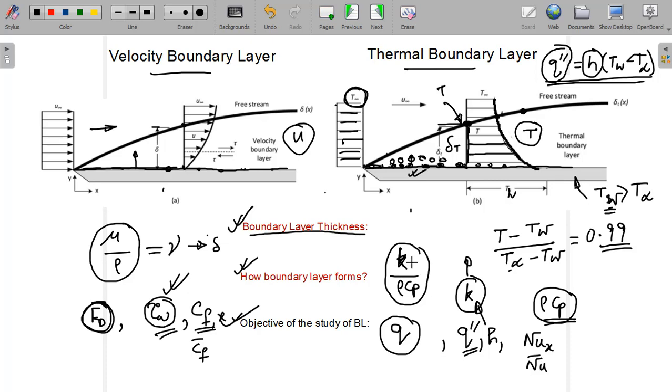Similarly, here we have the quantity K by rho Cp. So K by rho Cp is called the thermal diffusivity, generally symbolized by alpha, and that is responsible for the thickness of the thermal boundary layer. Okay, so these are the one-to-one analogies that you can see between the velocity boundary layer and the thermal boundary layer.